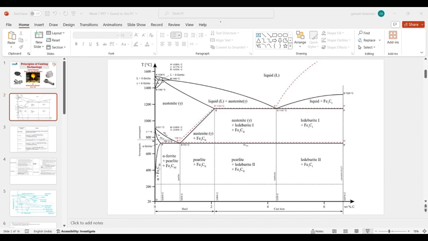We have three categories: 0.05 to 0.2% is low carbon steel, then 0.2 to around 0.45 or 0.5% is known as medium carbon steel, and after that these are high carbon steels. Or we can divide it as 0.2 to 0.8 medium carbon steel, and 0.8 to around 1.5% is going to be your high carbon steel.